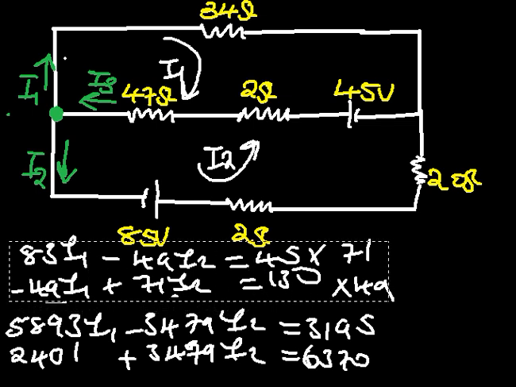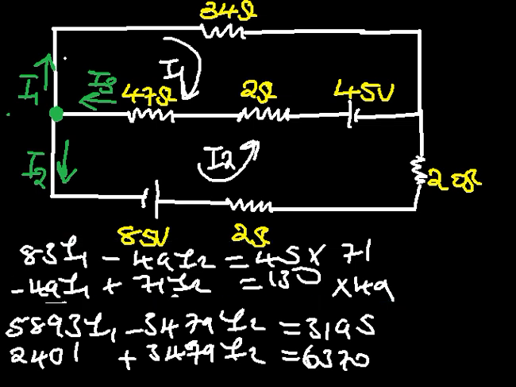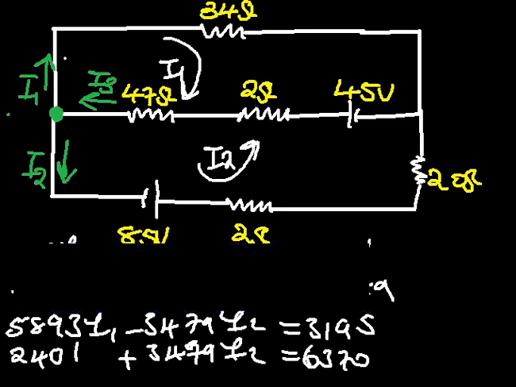Then in this case, let's remove this. Then we're going to add the two equations, because I understand that upon adding the two equations, I2 will automatically go.